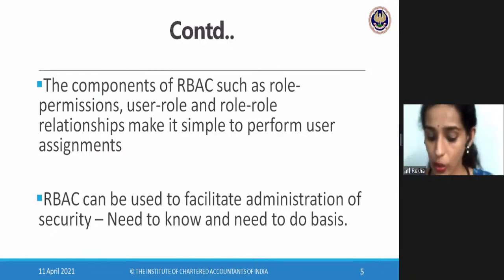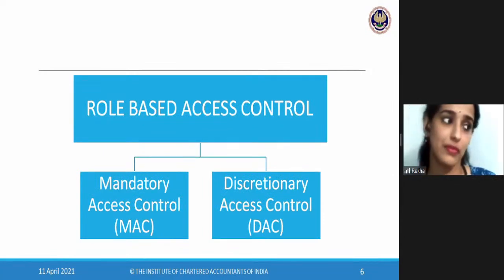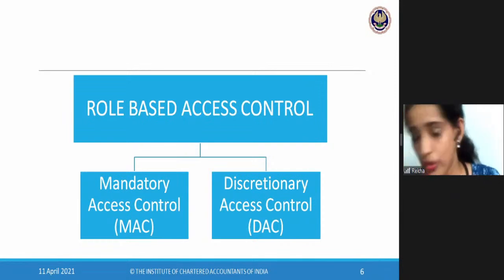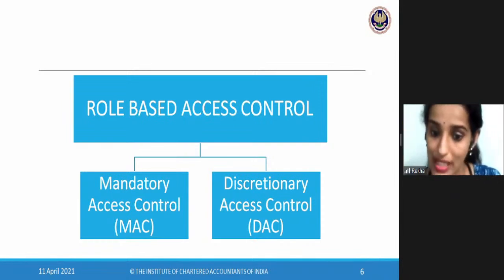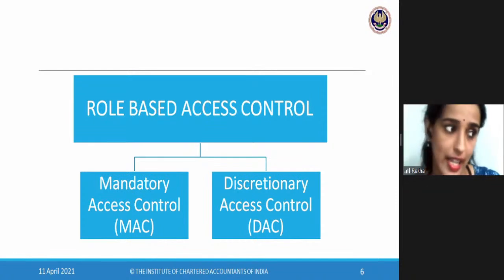Now, this is also another important question for your examination. What is role-based access in an ERP and what are the two types? The two types are mandatory access and discretionary access. Now, I'll ask you a question. Say, for example, those relating to your security aspect, national security, military.